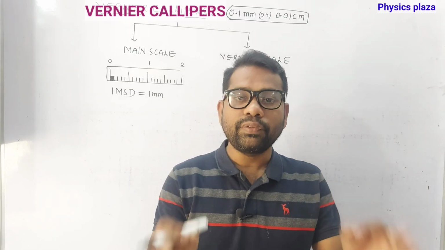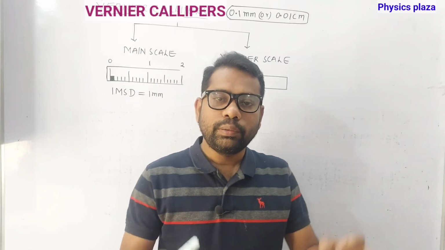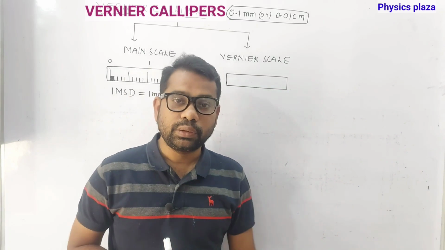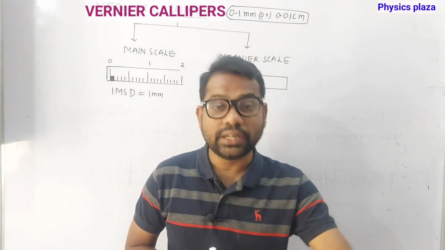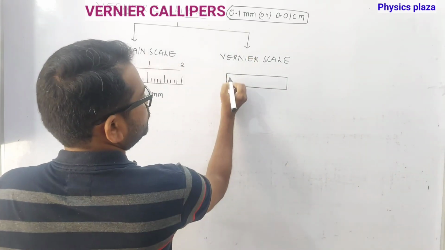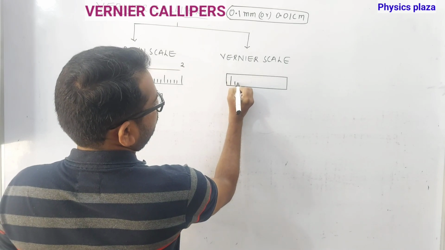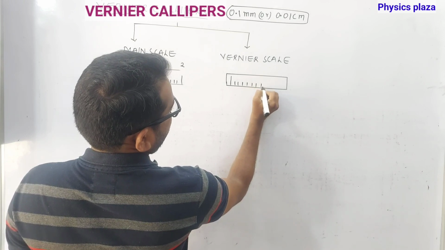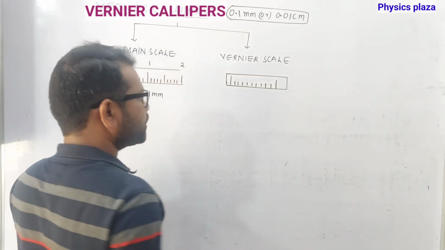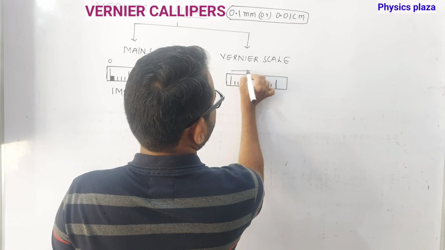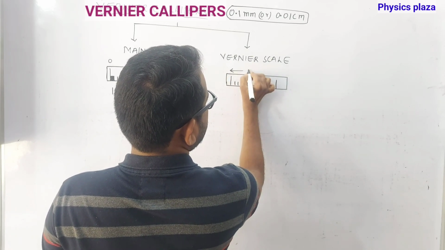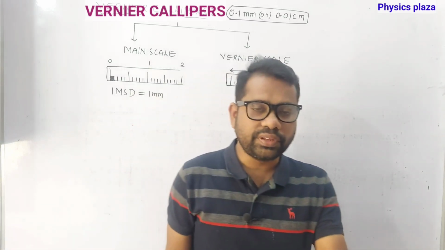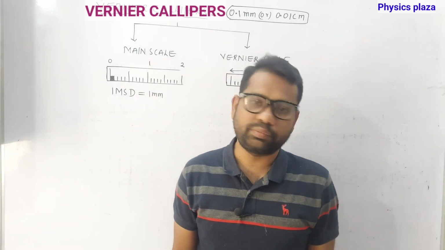But usually, in our schools, we use a Vernier calipers which has 10 divisions. Again, it is not compulsory. For our convenience, let me draw 1, 2, 3, 4, 5, 6, 7, 8, 9, 10. Let us say these are the n divisions; n can be 10, 15, 20, 25, whatever it may be.